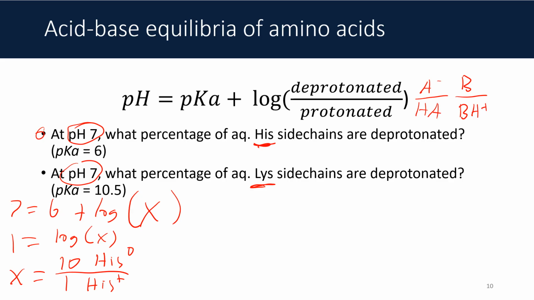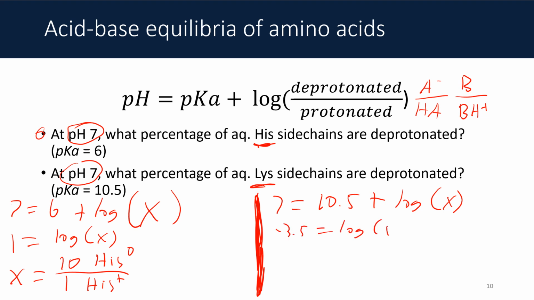Now, we're going to try the next question, finding that ratio for lysine instead. pH is still 7. The pKa is quite different. It is much higher, 10.5, which makes sense because a higher pKa should mean that we're dealing with the stronger base, aka weaker acid, plus the log of x. This works out to negative 3.5 equals the log of x.